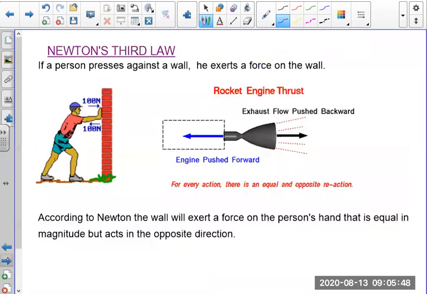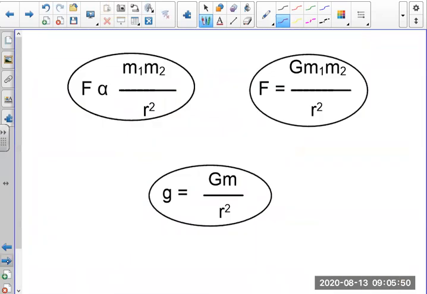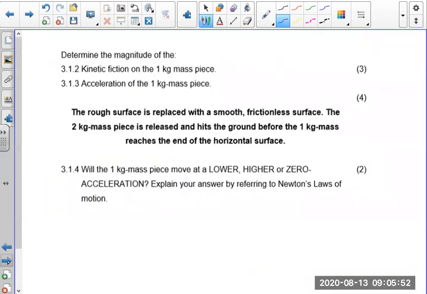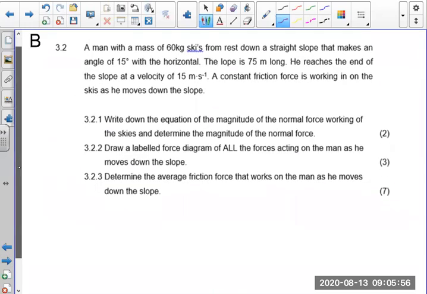Okay, the next question that we're going to do now is 3. That's the one that we just did, 3.2. A man with a mass of 60 kilograms skis from rest down a straight slope that makes an angle of 15 degrees with the horizontal. The slope is 75 meters long.